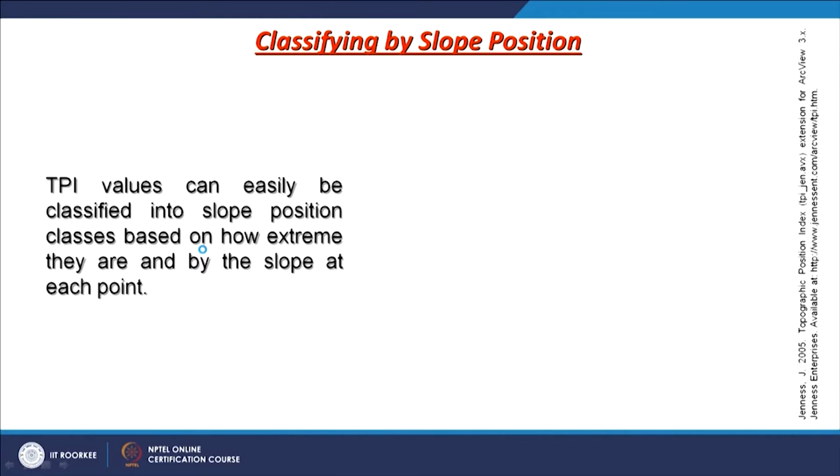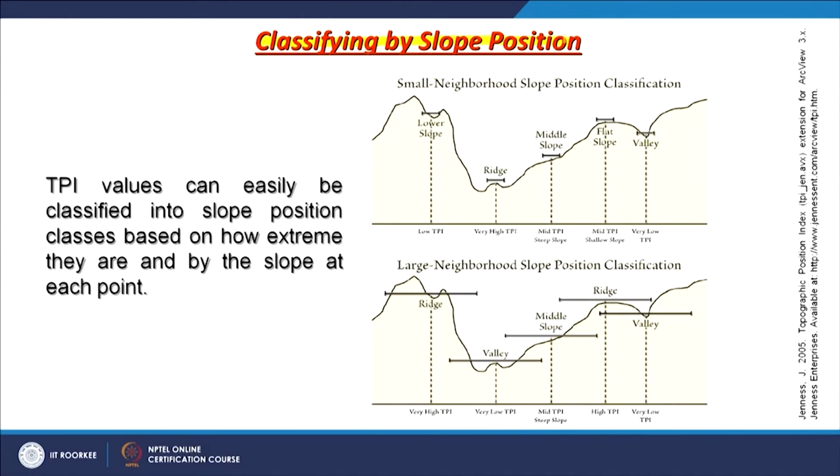Now, based on this we can also perform the slope classification based on slope position, that is, TPI values can easily be classified into slope position classes. For example, for a small neighborhood, that means high spatial resolution, this area is identified as ridge, whereas in case of coarse resolution this area is identified as a valley.